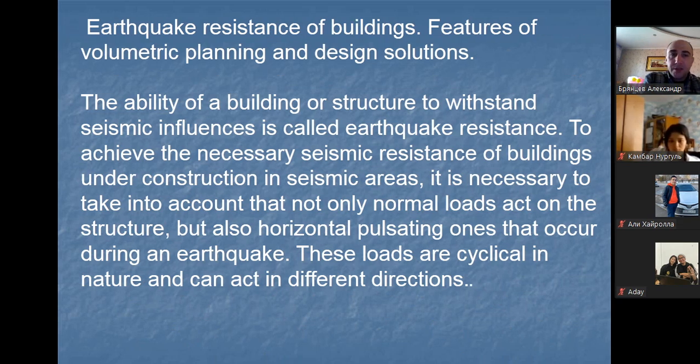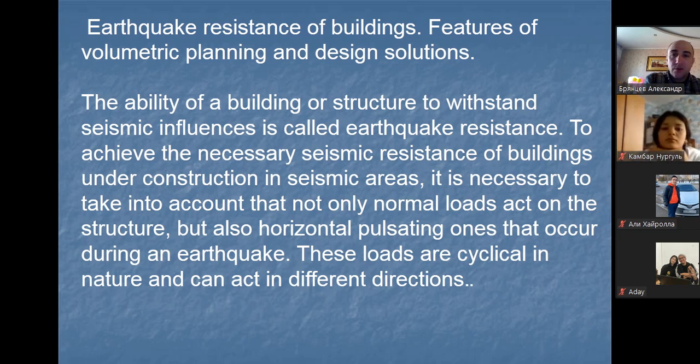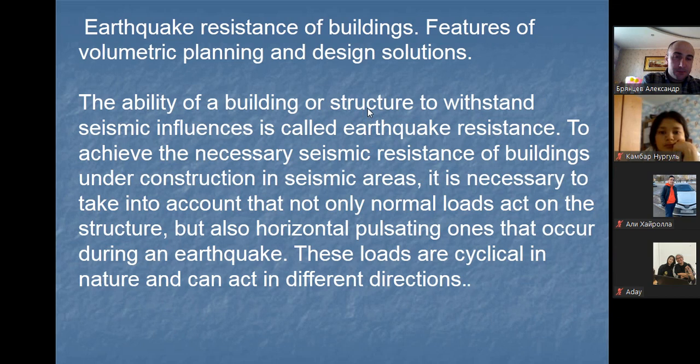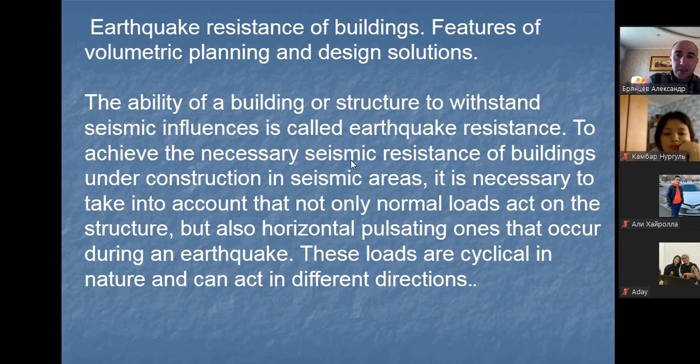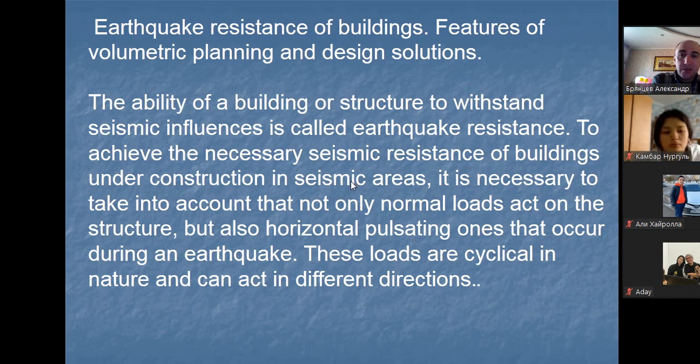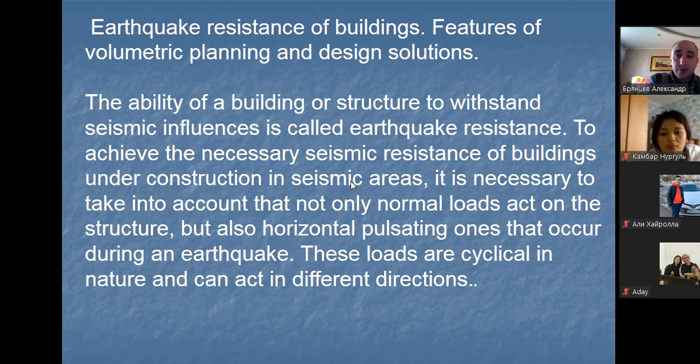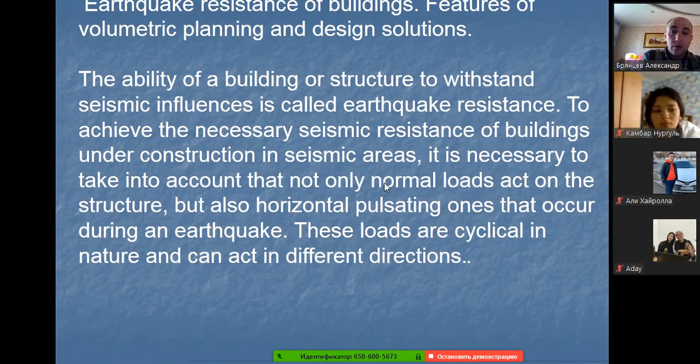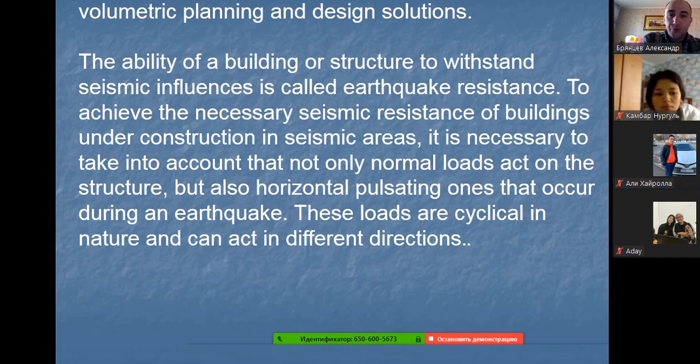The ability of the building or structure to withstand seismic influences is called earthquake resistance. To achieve the necessary seismic resistance of buildings in seismic areas, it's necessary to take into account not only normal loads acting on the structure, but also horizontal pulsating ones that occur during the earthquake.